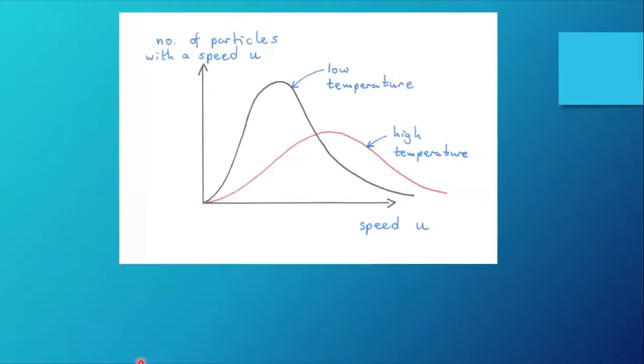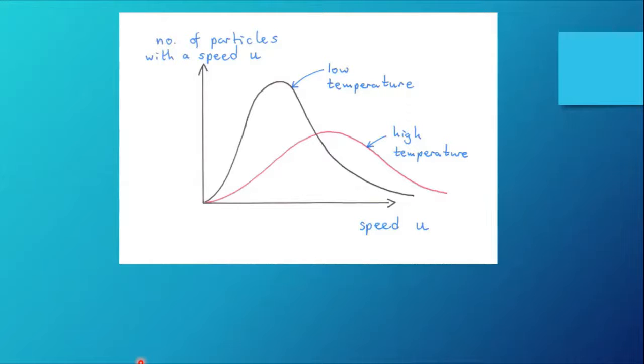So let's move on. Now let's look at this distribution. In particular, let's just look at the distribution for low temperature. On the y-axis, we've got the number of particles with the speed u, and along the x-axis, we've got the speed u. At the two ends of the distribution, only a few particles have small speeds, and only a few have large speeds.